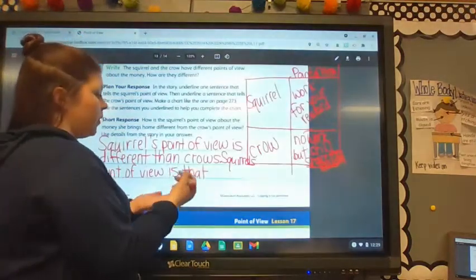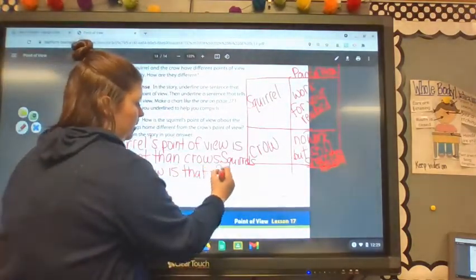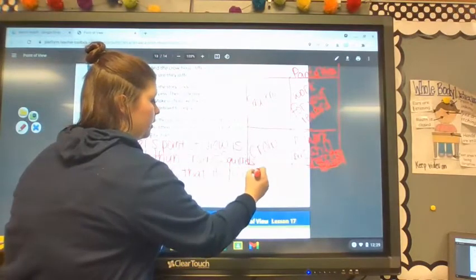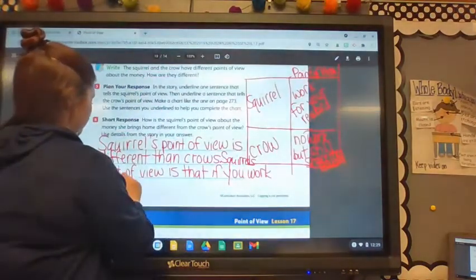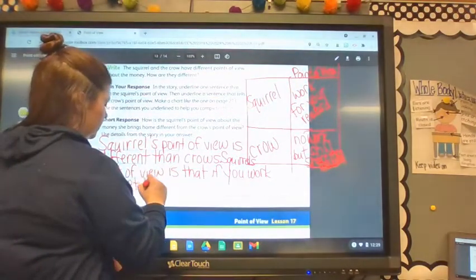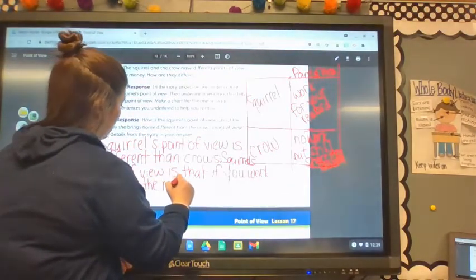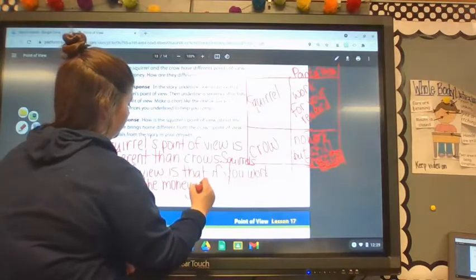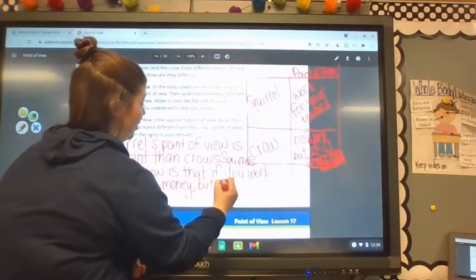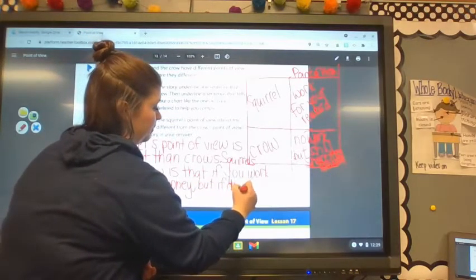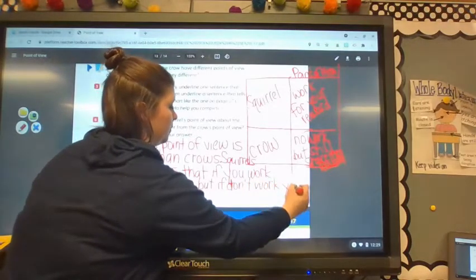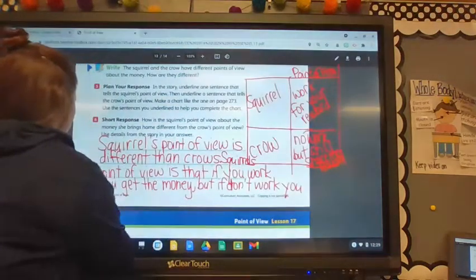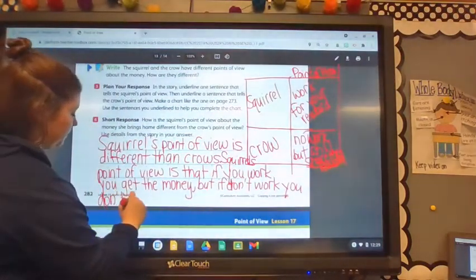So her point of view is that if you work, you get the money. But if you don't work, you don't get the money. Okay?